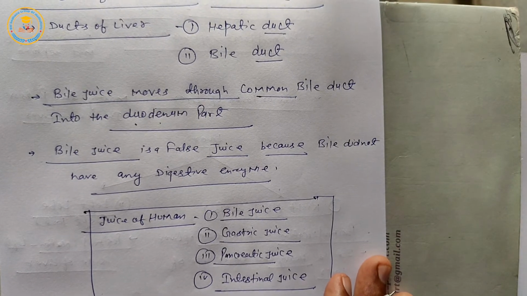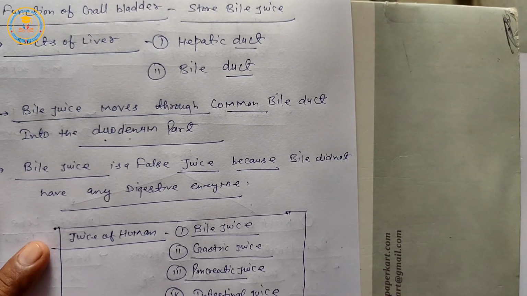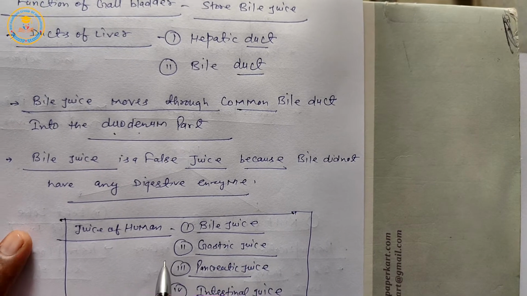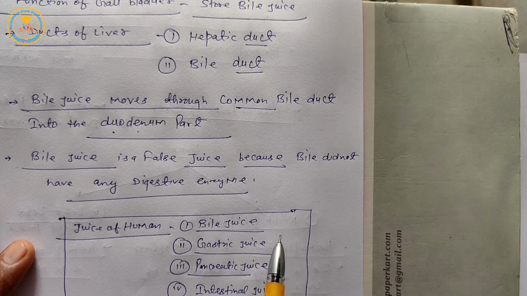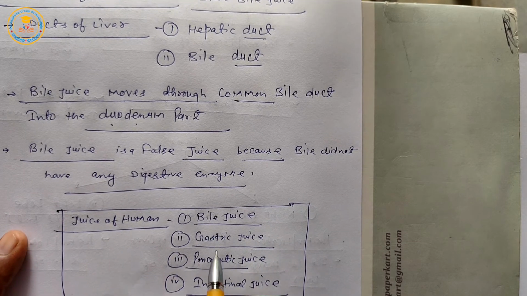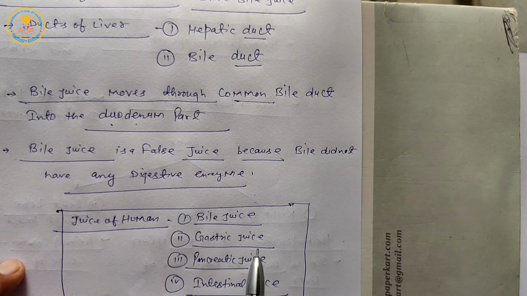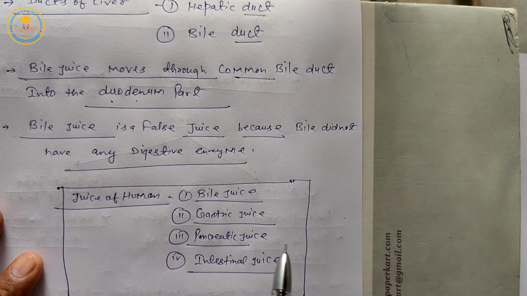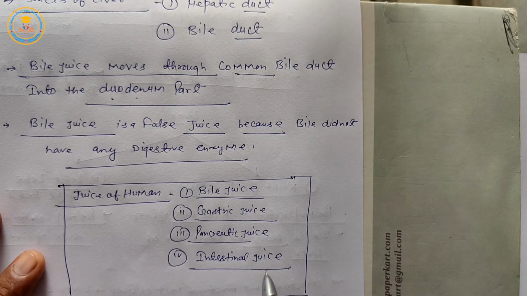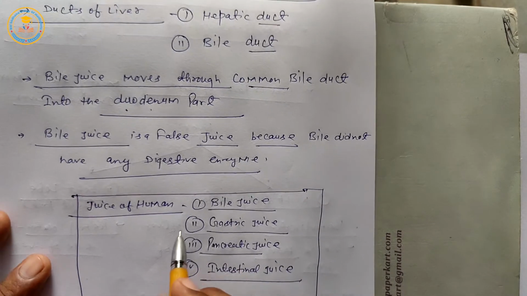Once again, some specific juices of humans. First, bile juice is synthesized in liver but stored in gallbladder. Gastric juice is synthesized and stored in stomach part. Pancreatic juice is synthesized by pancreas digestive gland but released in duodenum part. Intestinal juice is synthesized and released in intestine.